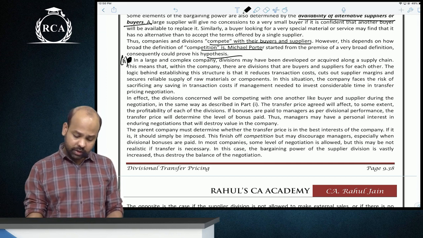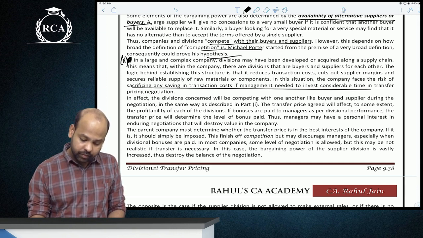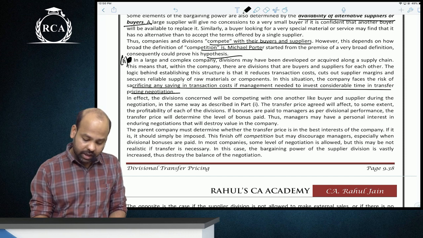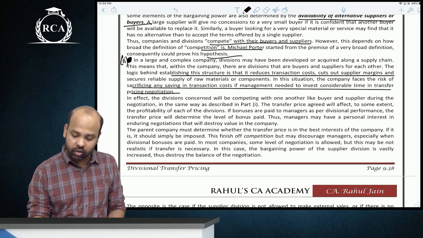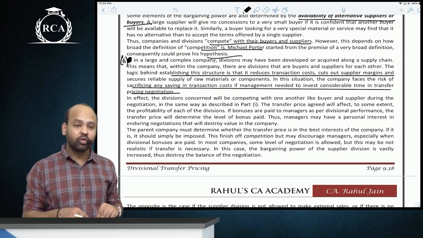So here, look, the company faces the risk of sacrificing. The whole objective of acquiring your suppliers and creating a complex organization is to save.